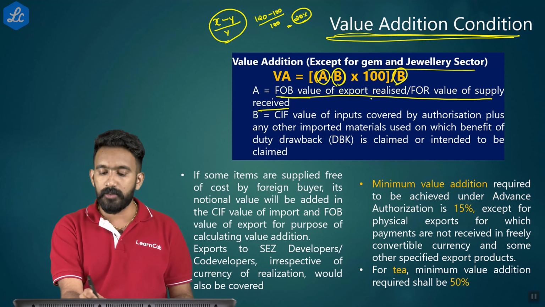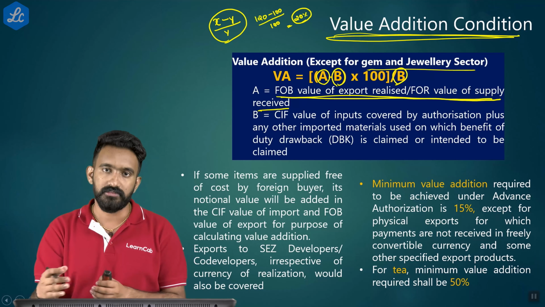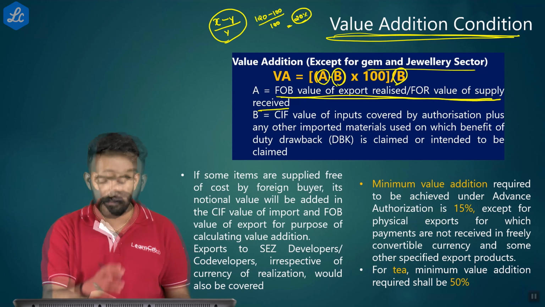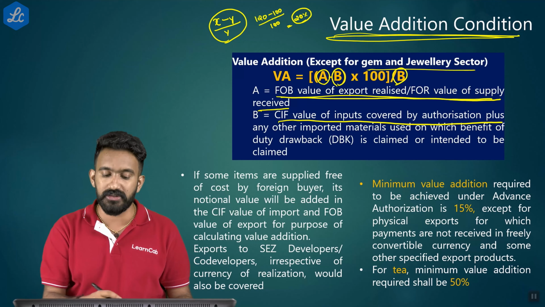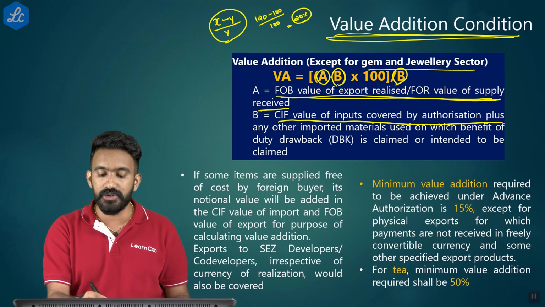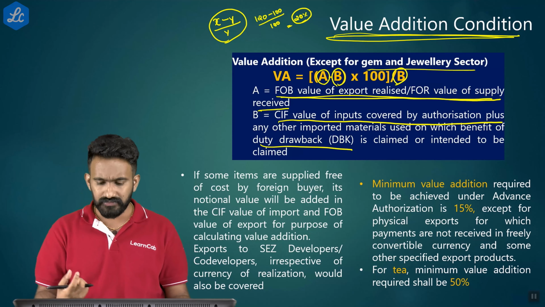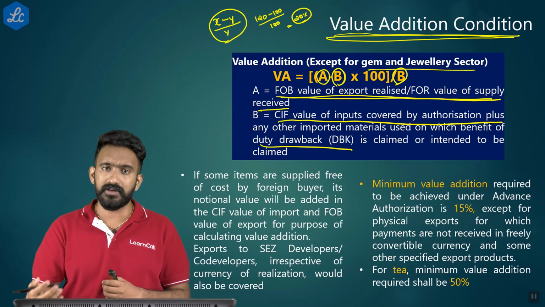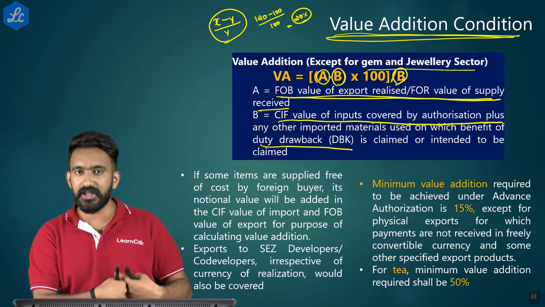So A is FOB value of export realized or FOR value of supply received when you are making a deemed export. B is CIF value of inputs covered by authorization plus any other imported material used on which drawback is claimed. It has the same mechanism. So they're saying whatever inputs you have taken, if you're getting them duty free, it's okay.